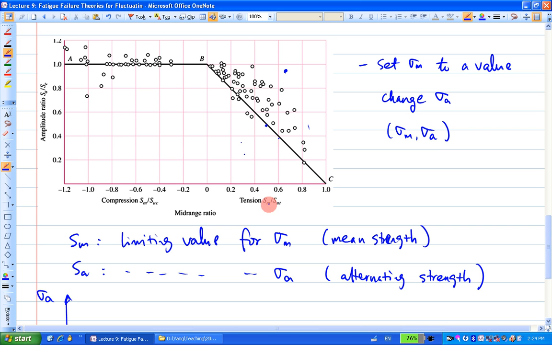The ratio between S_M and S_UT equals 1, which means the limiting value for sigma m, S_M, equals S_UT. That's what we call the first cycle fracture, basically failure.